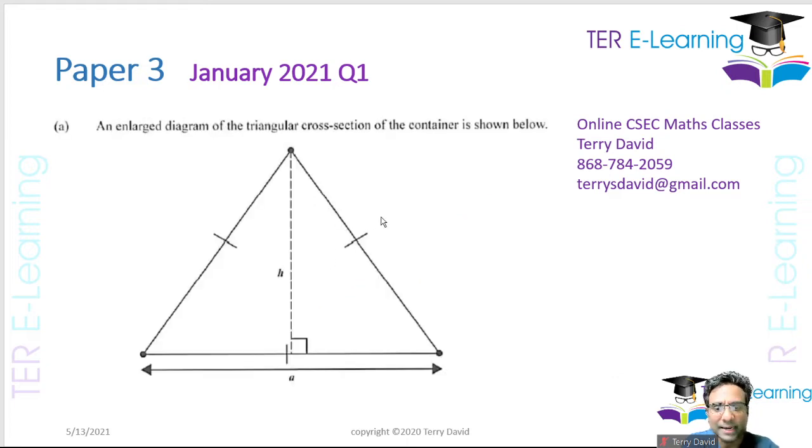Now if you look at this diagram carefully, right? Now you have this perpendicular height here, H, right? Now if the distance from this point here to this point here is A, it means that this distance here is A divided by 2, and this distance here is A divided by 2 as well, right?